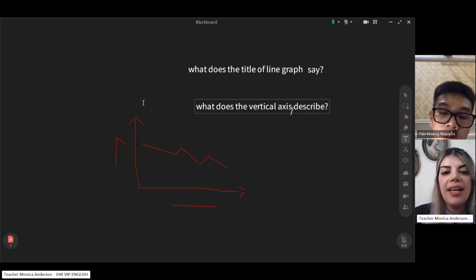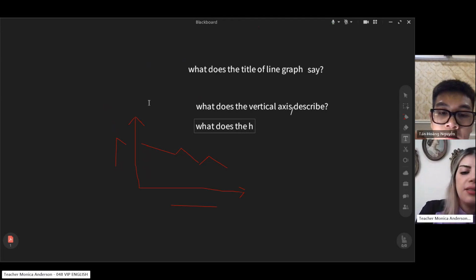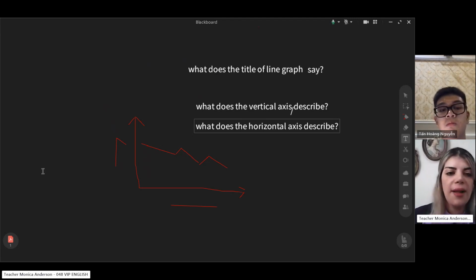And after that, what does the horizontal axis describe? So I have three questions.